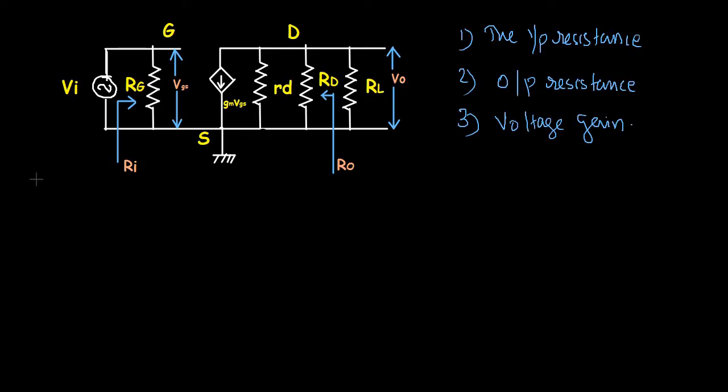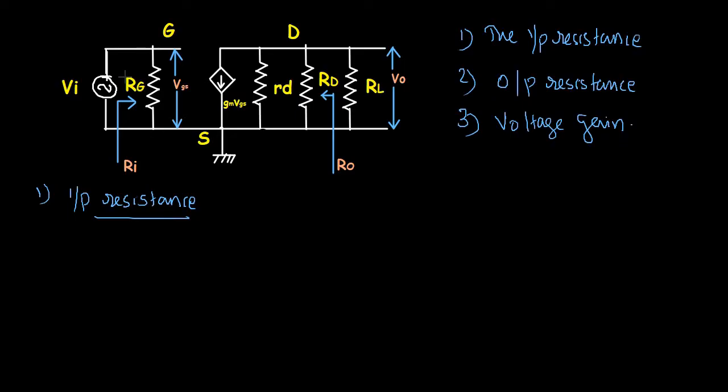First one, input resistance. We studied how we can find the input resistance in small signal analysis. We found the input resistance of the common emitter configuration in the case of BJT. Like that, here also we can find the input resistance of this common source configuration. For finding input resistance, we look from the input side into the circuit.